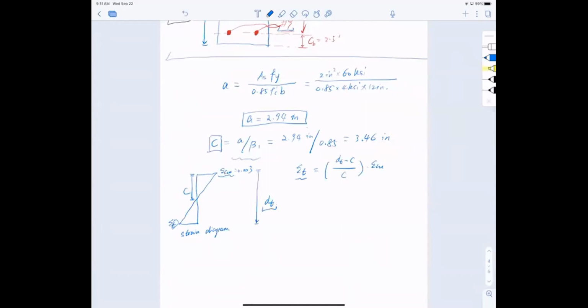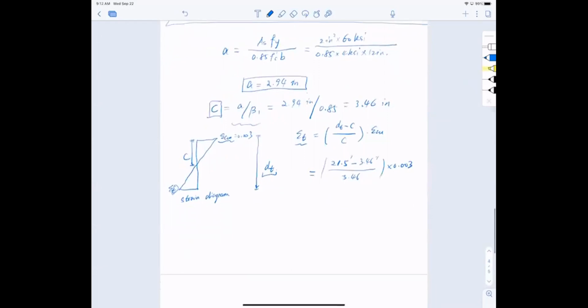Now that gives me what? 21.5 as the depth, minus c, which is 3.46, divided by another c, which is 3.46, and multiply the whole thing by epsilon cu, which is 0.003. All righty.